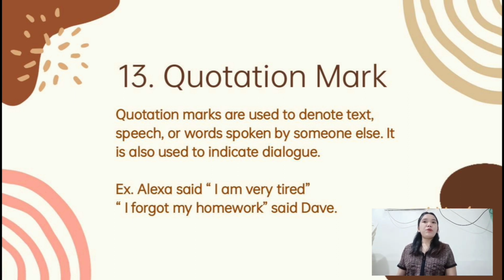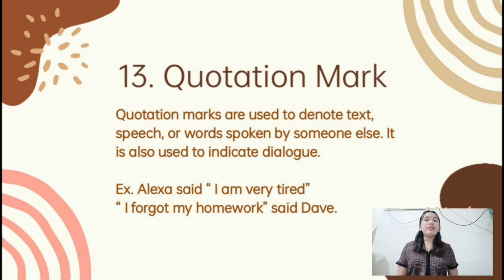So we can use the quotation if the speech is spoken by someone. "I forgot my homework," said Dave. So that is the use of quotation mark for speech by someone else.